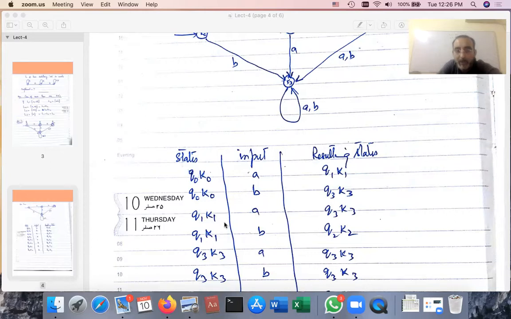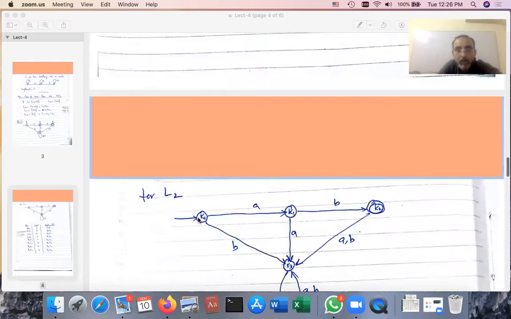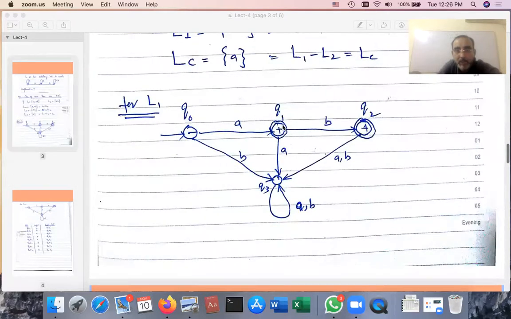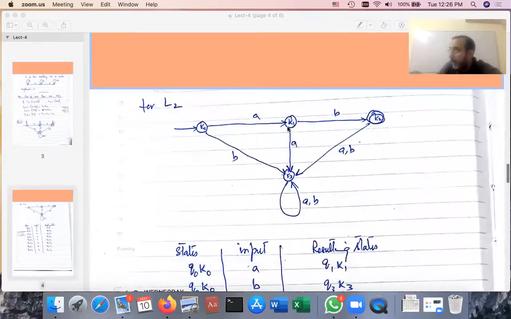After taking A on Q1, I reach Q3, and similarly at K1, after taking A, I reach K3.